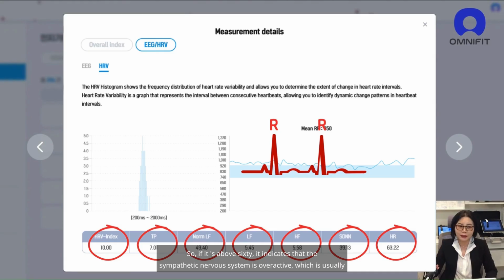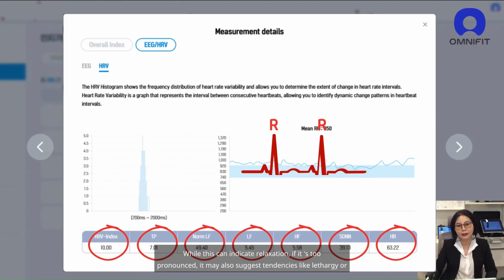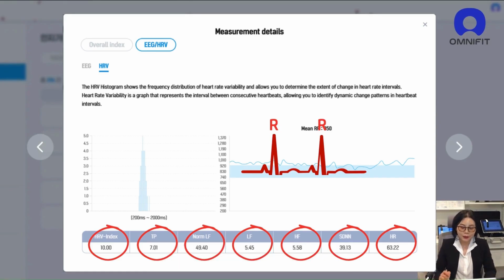So, if it's above 60, it indicates that the sympathetic nervous system is overactive, which is usually associated with stress or a state of tension. If it's below 40, it means the parasympathetic nervous system is dominant. While this can indicate relaxation, if it's too pronounced, it may also suggest tendencies like lethargy or excessive fatigue.